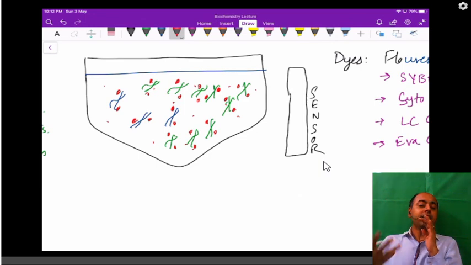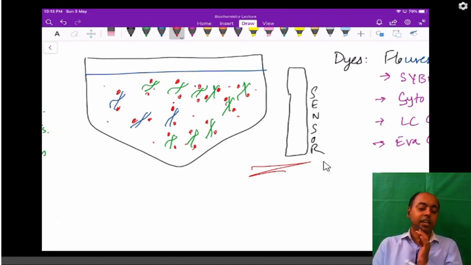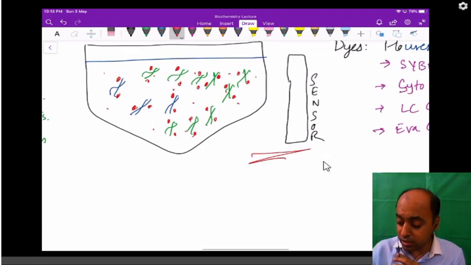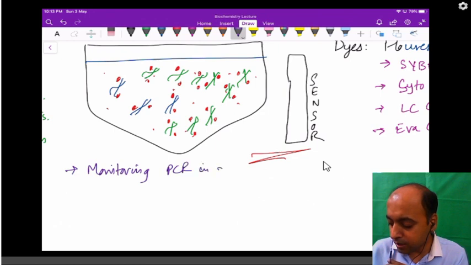If you find the increase in fluorescence which is identified by the sensor, even in between we can say that the polymerase chain reaction is successful. So what we are doing here, we are monitoring PCR in real time. We call it the real time PCR.